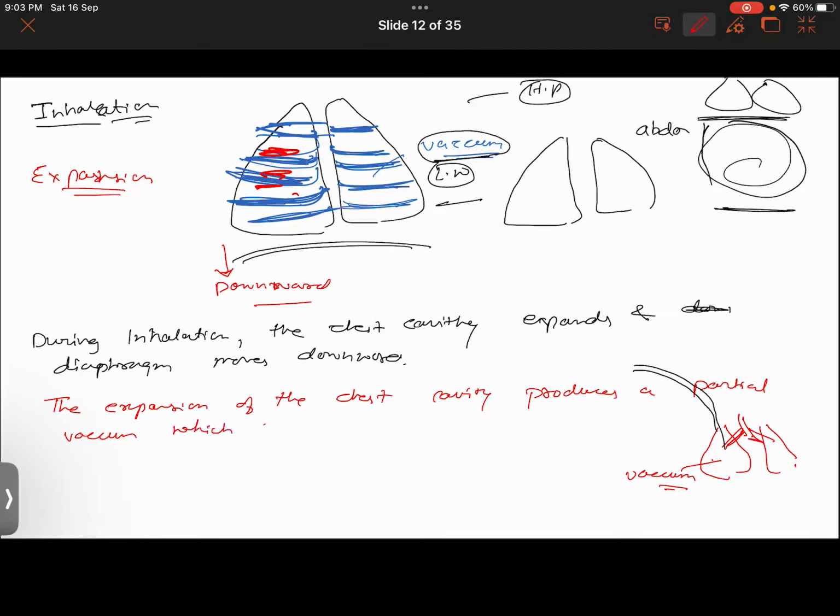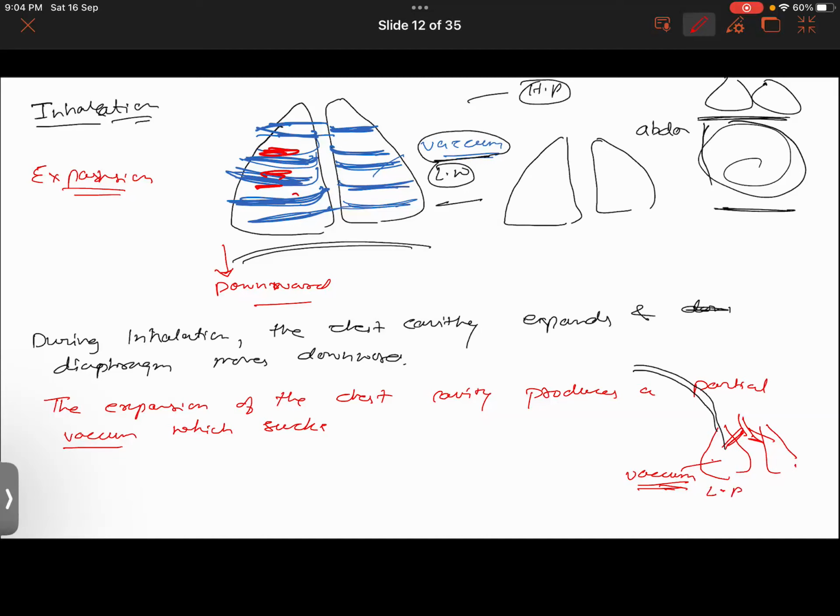Can you repeat the question again? Yeah, my point is that when our chest cavity expands, when the lungs expand, we create a partial vacuum inside our lungs. Partial vacuum, not 100% vacuum. It means there is a lesser amount of air inside our lungs.